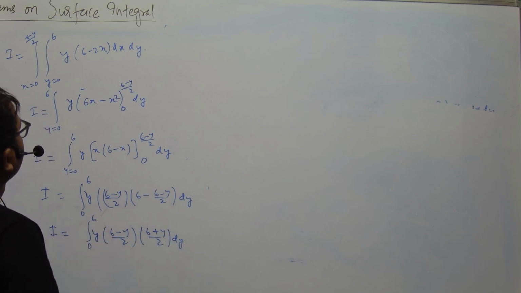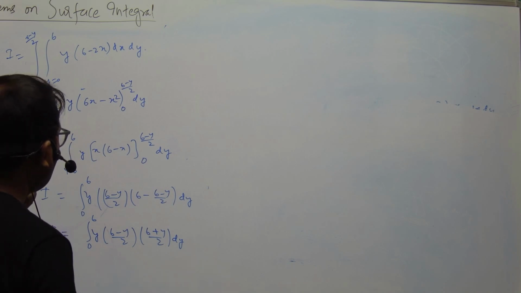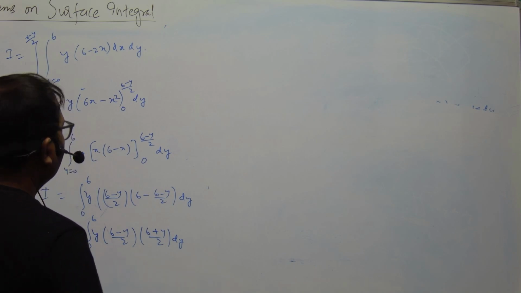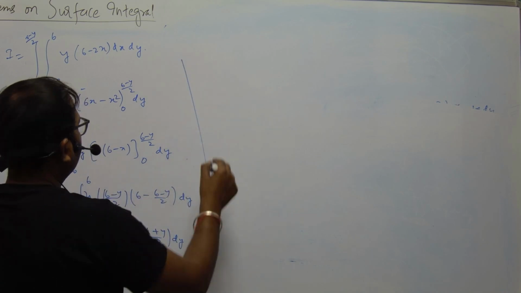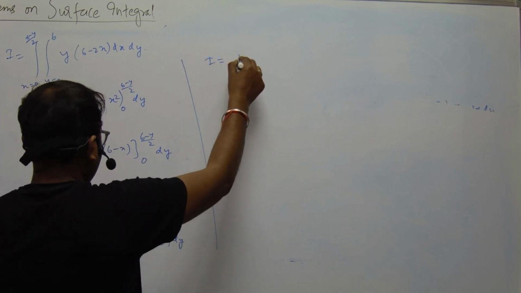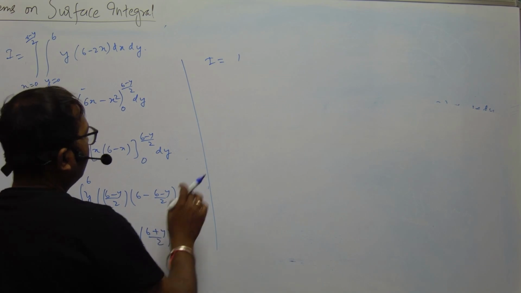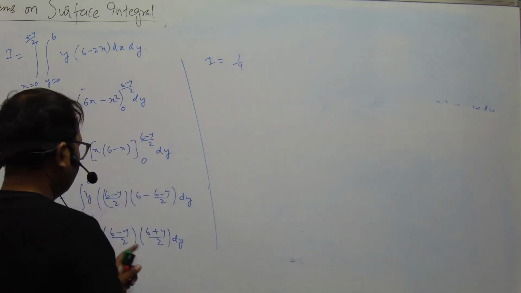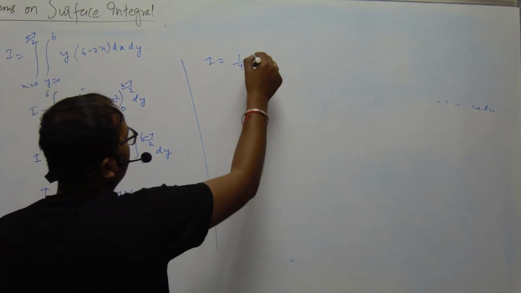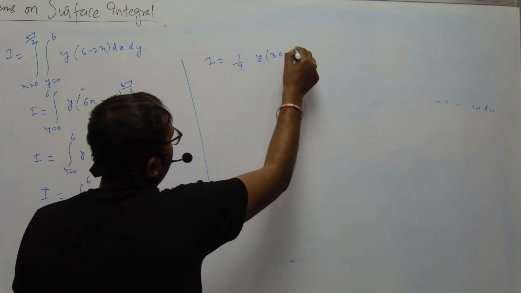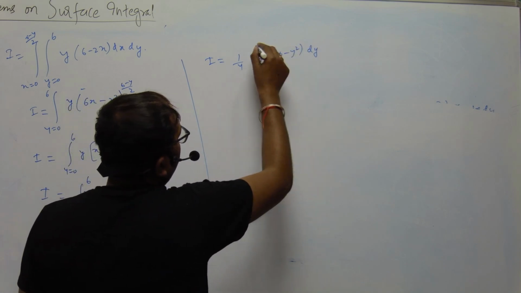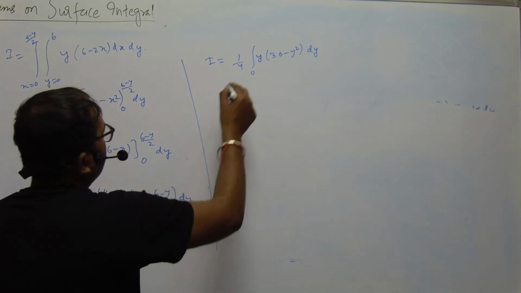So the value of I is equal to half, which is 1 upon 4, times the integral of y times (36 minus y square) dy from 0 to 6.